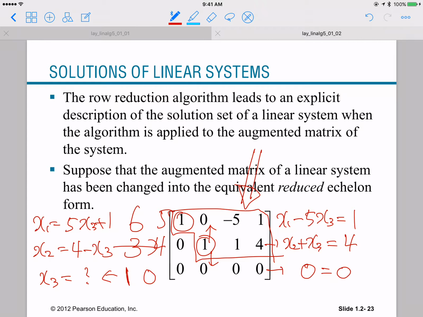That corresponds to one of the 3 possible cases. What were the 3 cases? Only one solution, or infinitely many solutions, or no solution at all. So this corresponds to the case of infinitely many solutions.